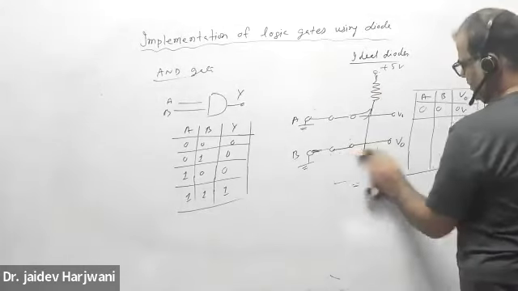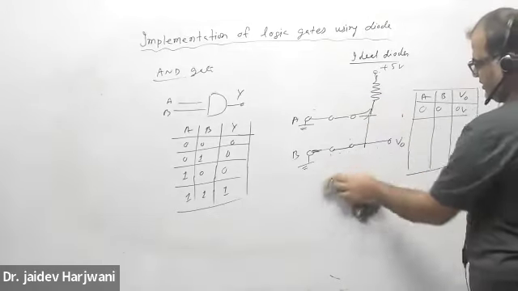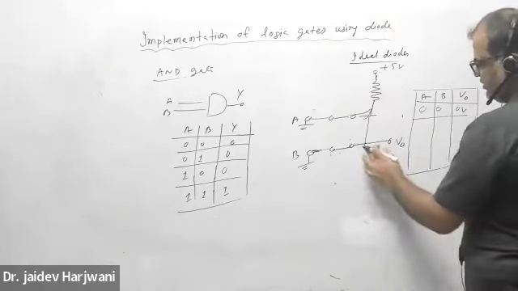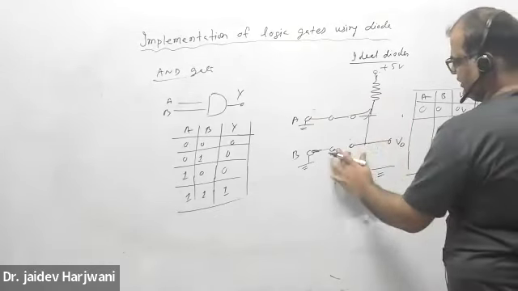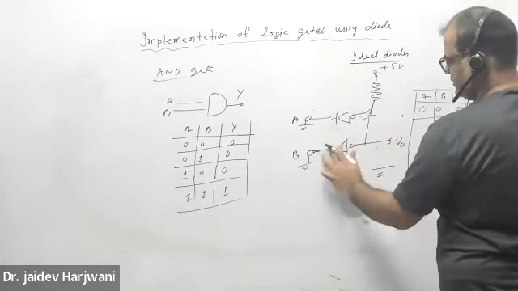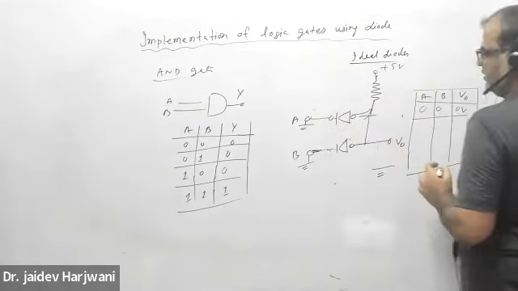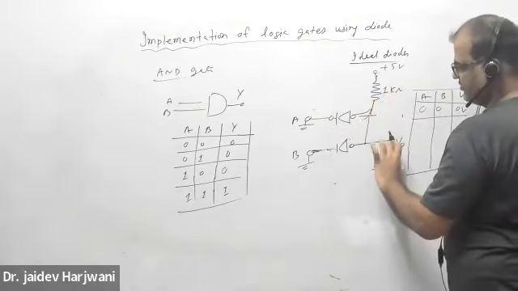Okay, so basically this is your circuit, and I'm measuring V naught with respect to this ground here. This is your diode, and this is your diode. Now, this is a 1 kilo ohm, and I'm measuring voltage here.